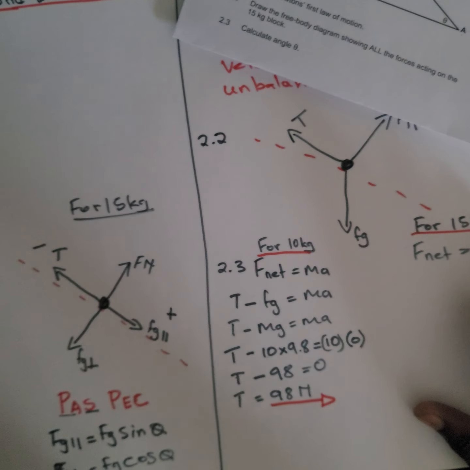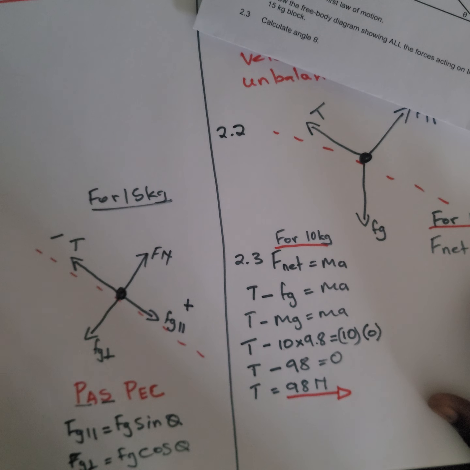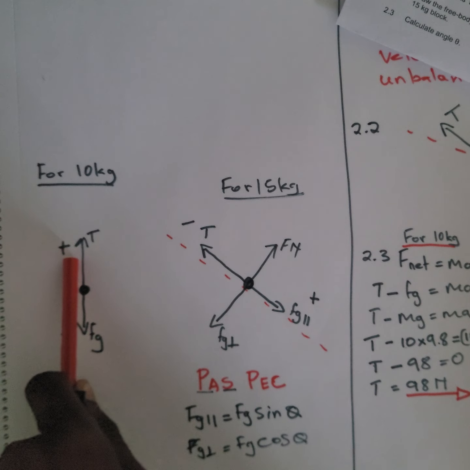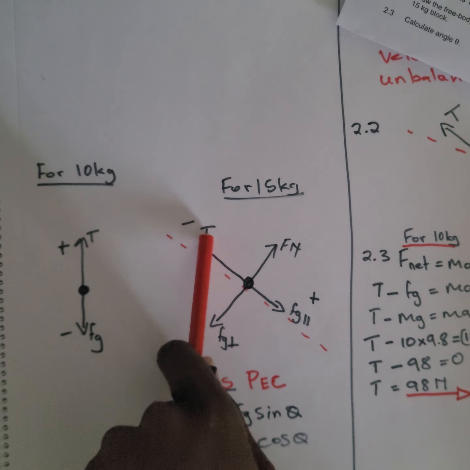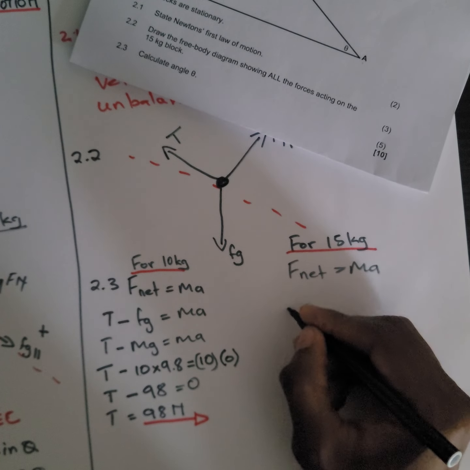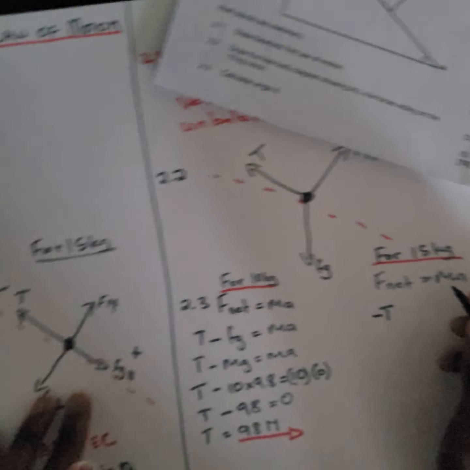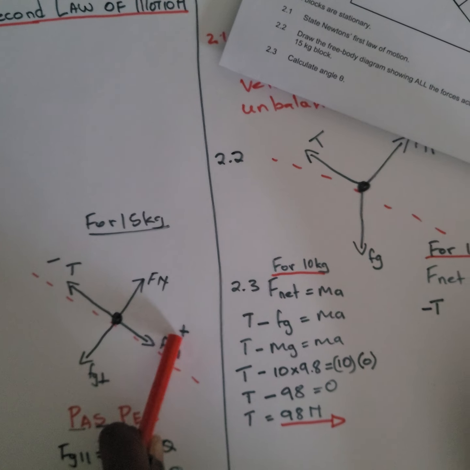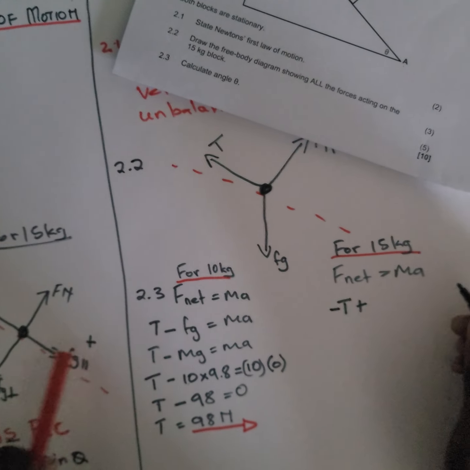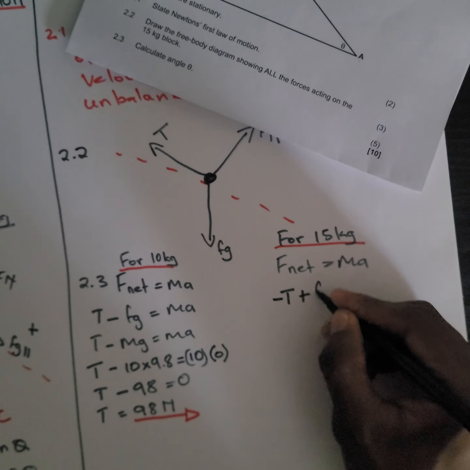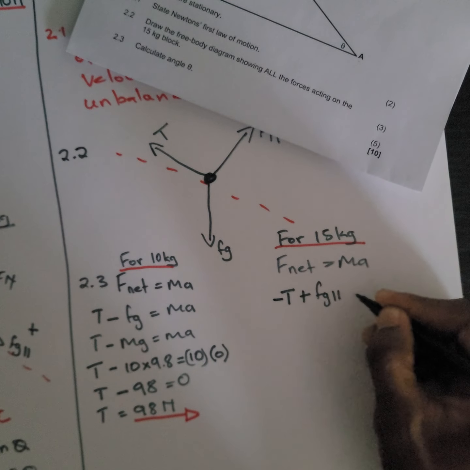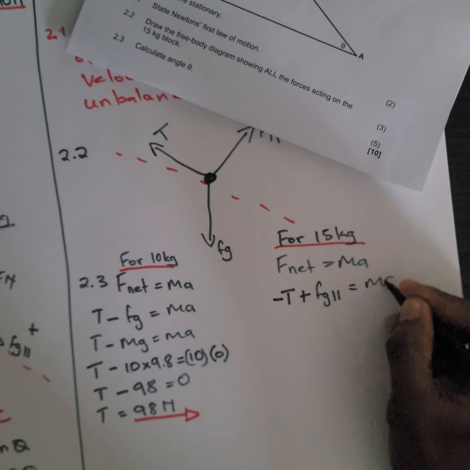And then remember our signs. We said if this tension here is positive, this tension on the other side has to be negative. So it's going to be negative tension here, and then plus Fg parallel is equal to ma.